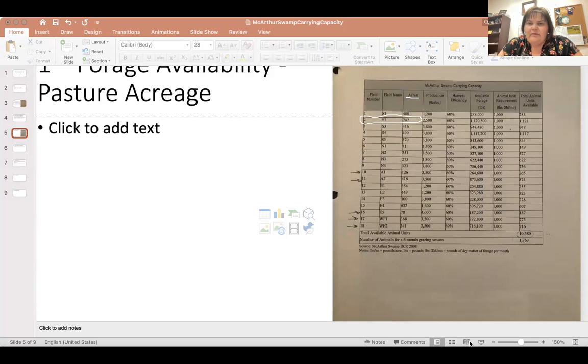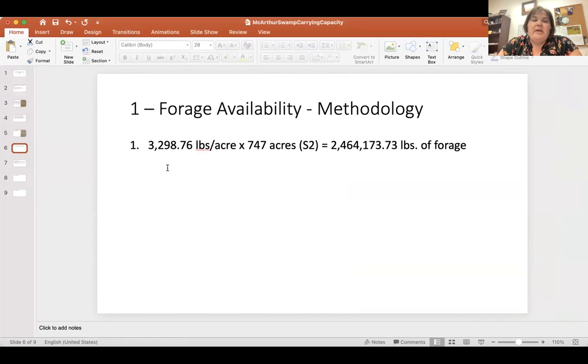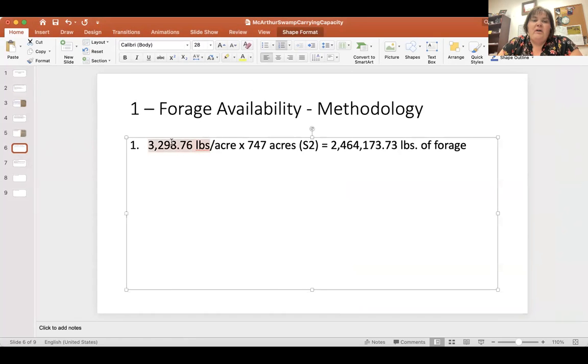Okay. So now that we've got 747 kind of in our brain, the next step to figure out forage availability is to take that 3298.76, so about 3,298 pounds produced per acre, multiply that out times 747 acres in pasture S2 to get the total amount of forage that is left over.